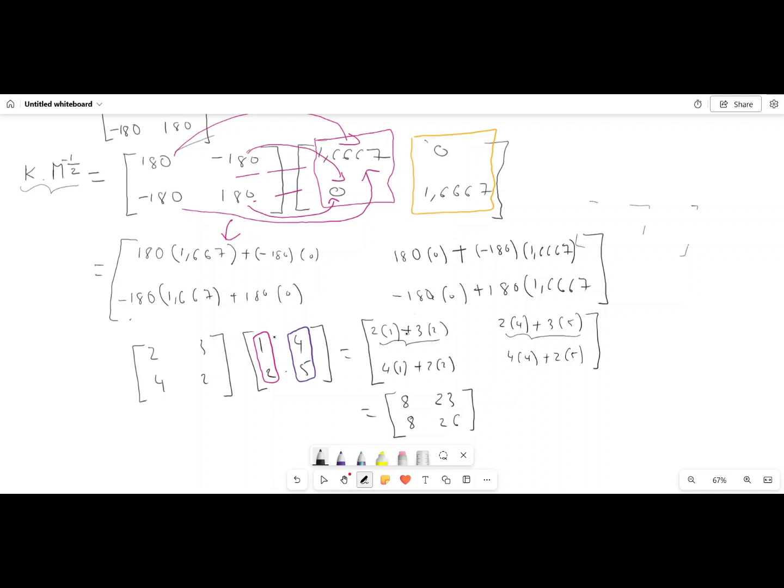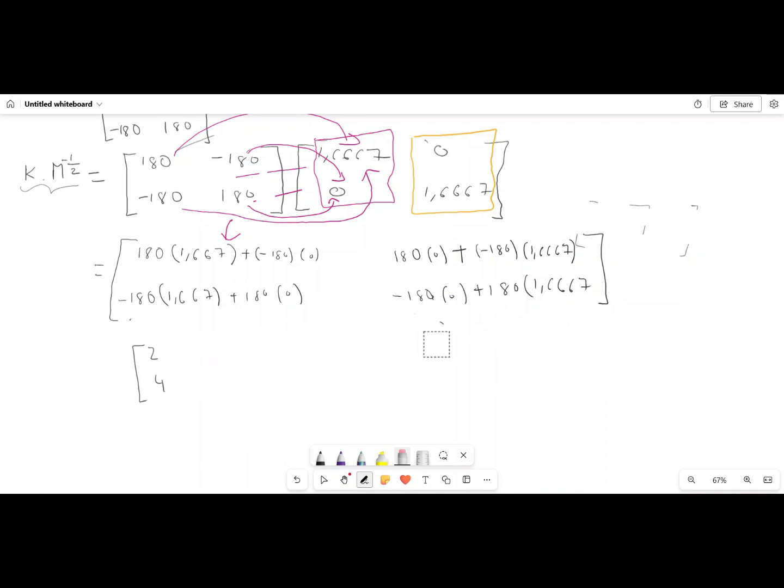If I want to fill this row, I use this guy. If I want to fill the other row, I use the other guy. So from now it's just a lot of mathematics 1 and 2. In fact, this topic is more mathematics than even mechanical.